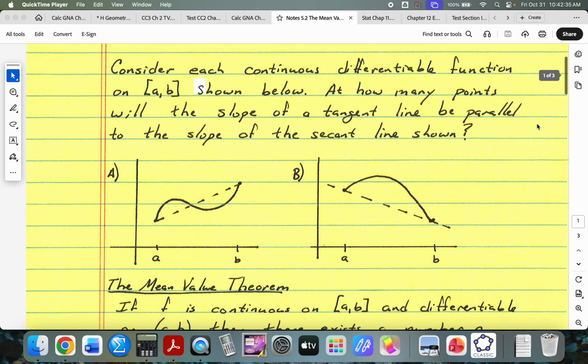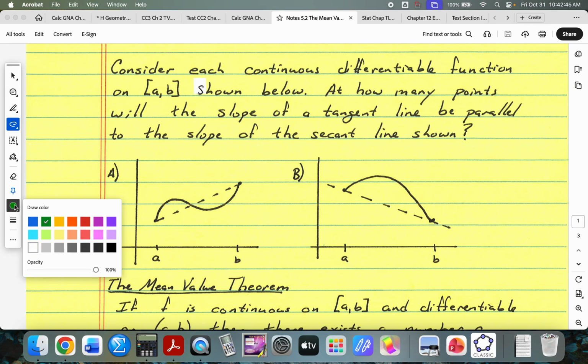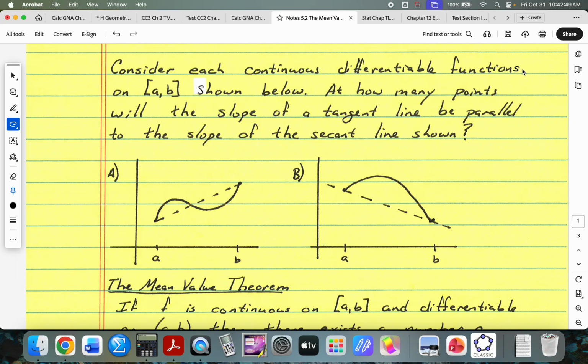Now, consider each of the continuous differentiable functions on the closed interval from a to b shown below. At how many points will the slope of a tangent line be parallel to the slope of the secant line shown?